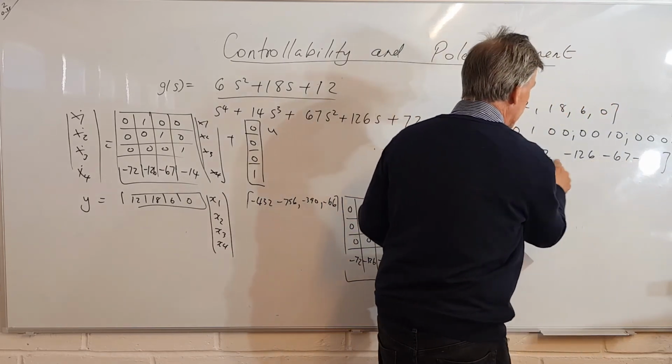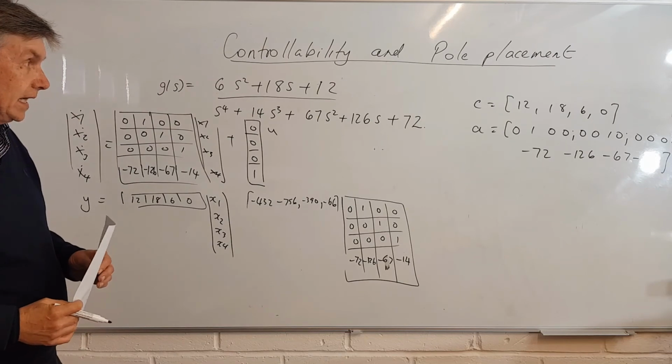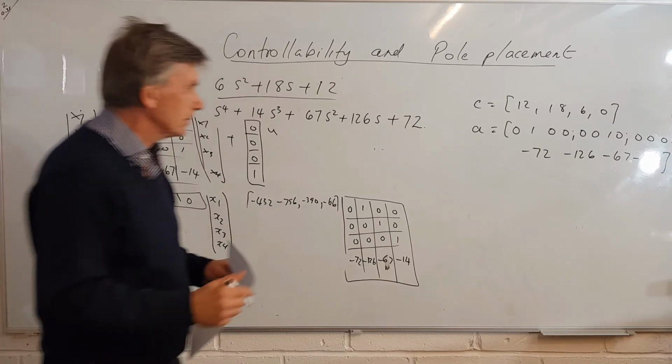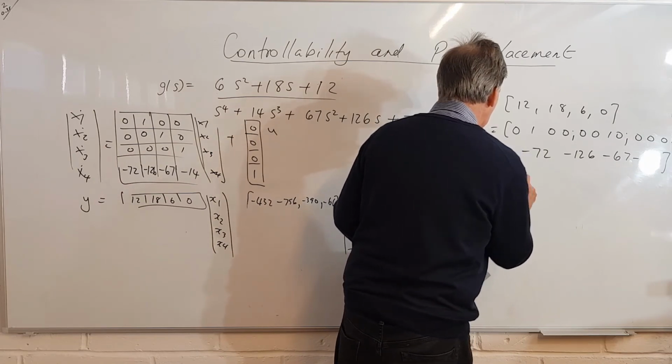We have to have spaces in between these numbers. That would put in our A, C and A. So then it'd be possible to compute C times A in MATLAB.